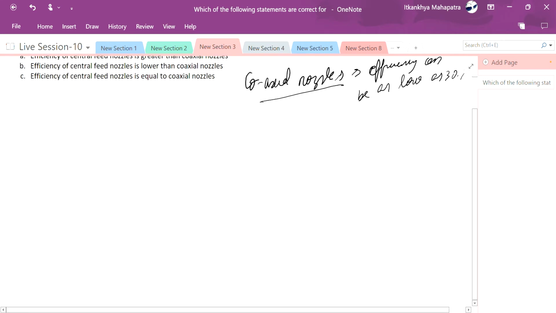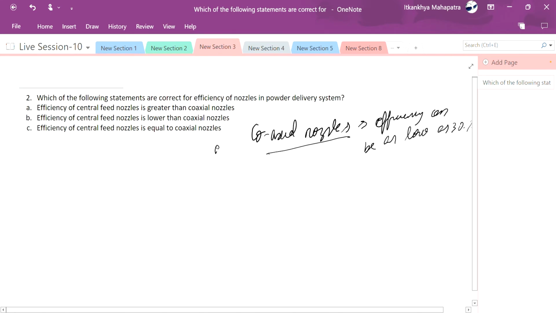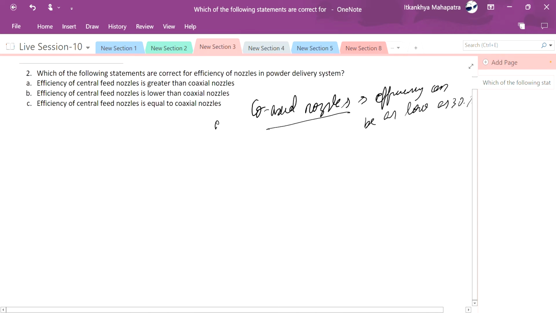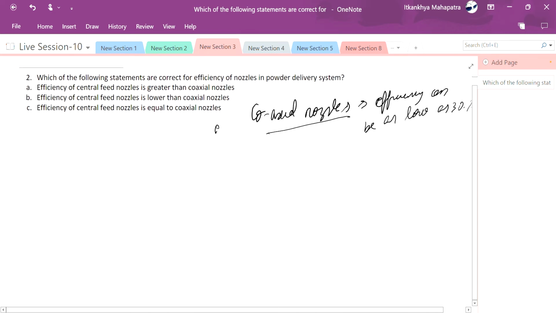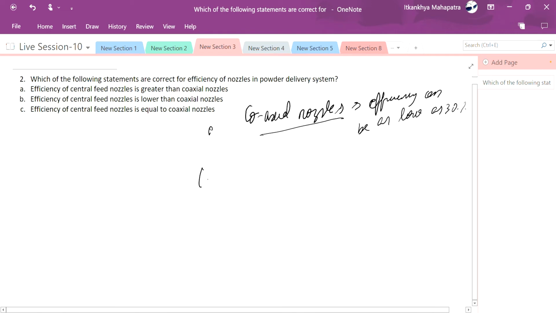Whereas, and here the comparison which we are making is between the central feed nozzles and the coaxial nozzles, in the central feed nozzles the efficiency is above 80%.